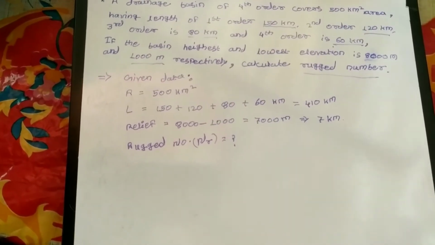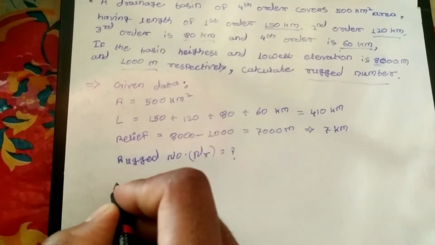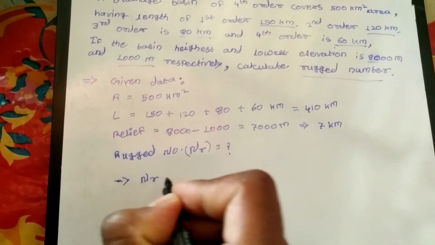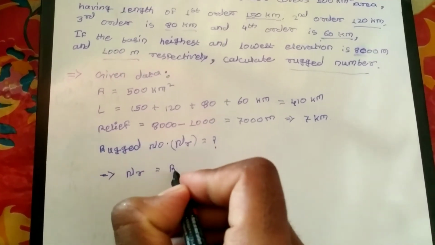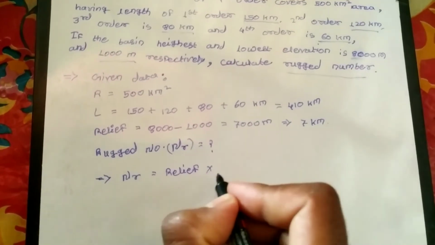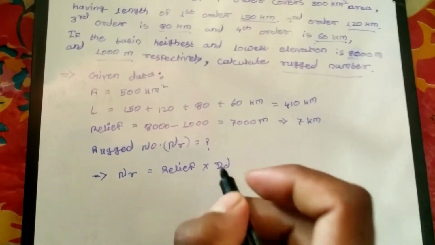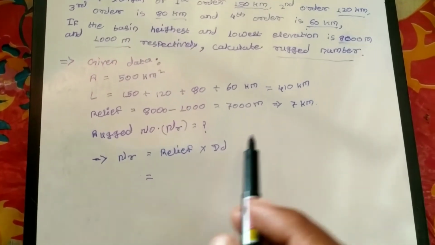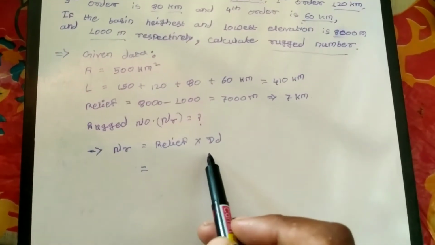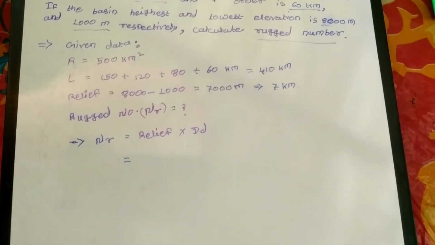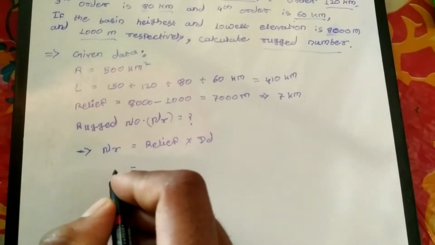So the rugged number formula is NR equals relief into drainage density. So we have relief, that is 7 kilometer, but we don't have drainage density. So we have to first find drainage density.